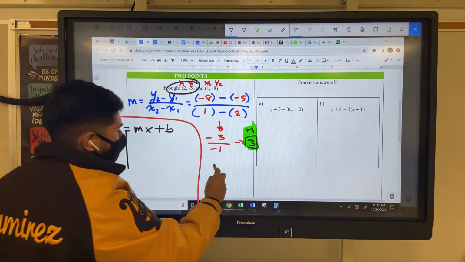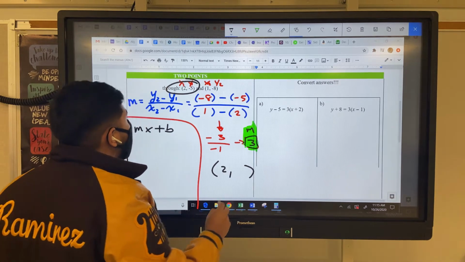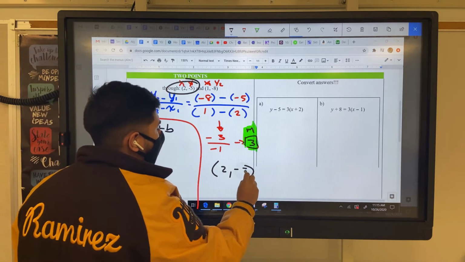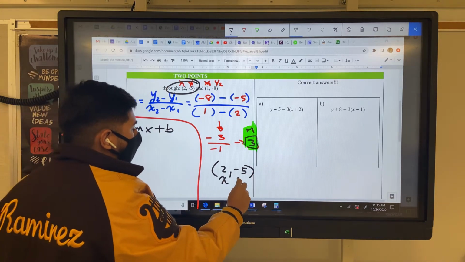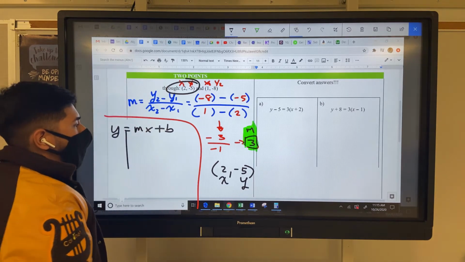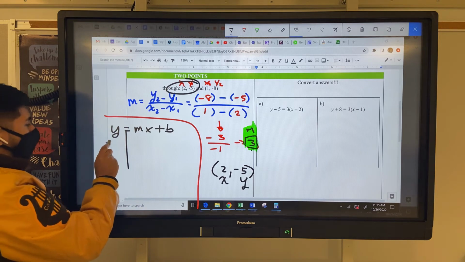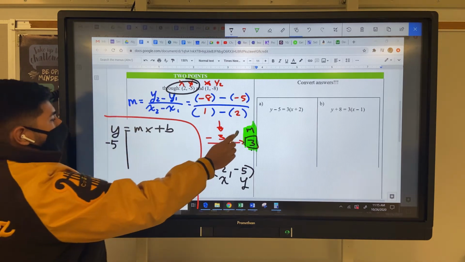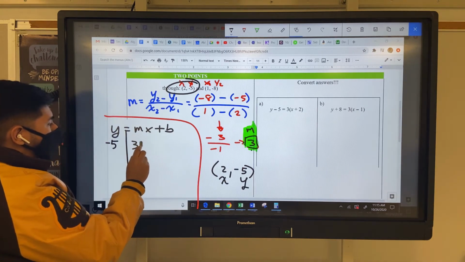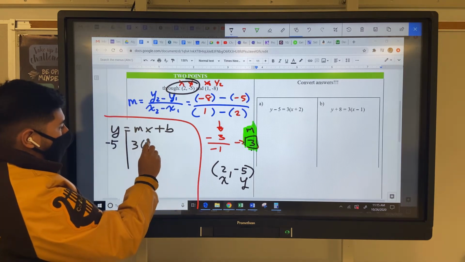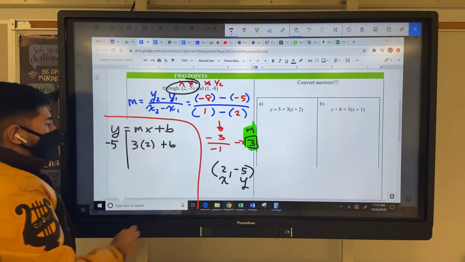Use the first one. Let me write it down here. 2, negative 5, and I'll label it x, y. So we have the slope, x and y. y is negative 5, m is 3, x is 2, plus b.